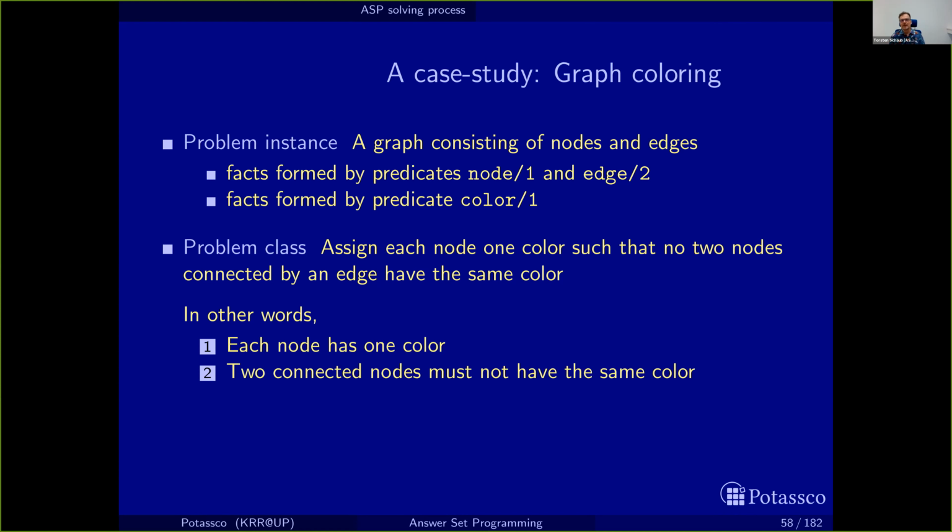I have one constraint that says each node has one color: not 0, not 2, exactly 1. And whenever I have an edge and the two nodes have been colored, they cannot have the same color. I think this is an equivalent representation of the first, but it's a bit better to have the constraints actually worked out.